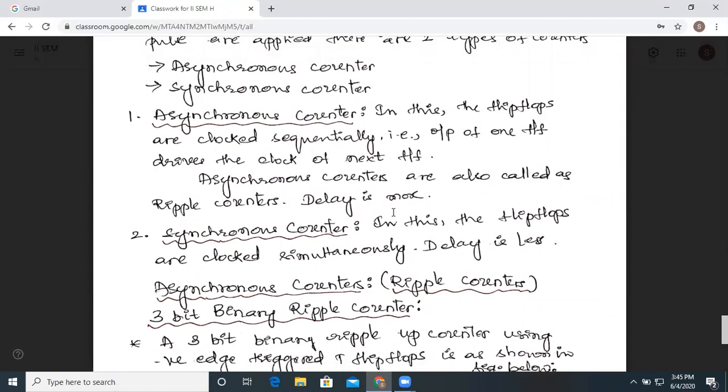The meaning of sequential clocking is that the output of one flip-flop will be fed as input to the next flip-flop, and that input is given to the clock input.